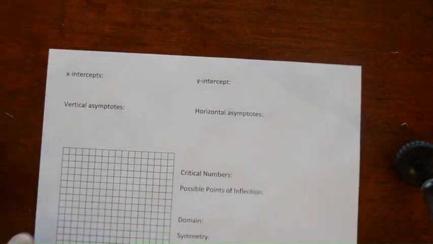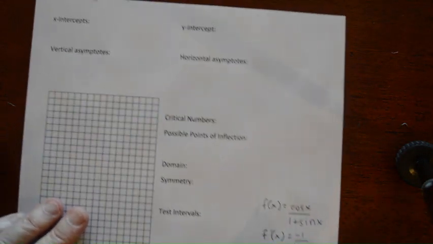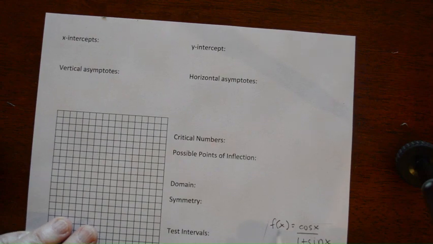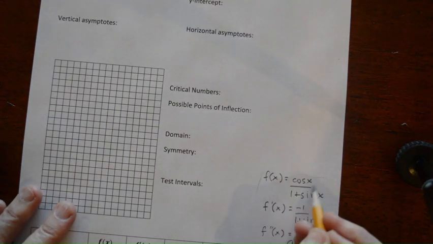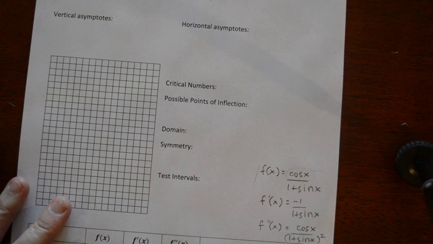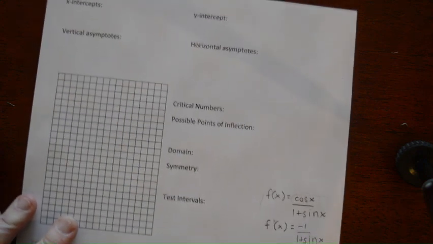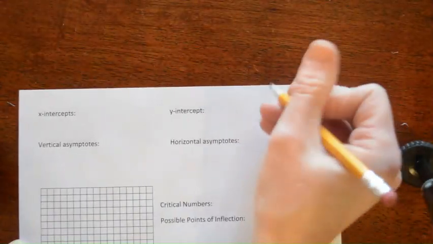Okay, the x-intercepts. So x-intercepts come from the original function, and so we're looking for where the function is equal to 0. Well, that's going to happen just when the numerator equals 0. So when is cosine equal to 0? Well, that happens at pi over 2 and 3 pi over 2, but remember that we've restricted our domain, so actually let's write that in here.